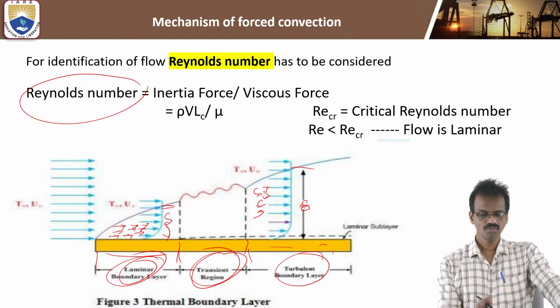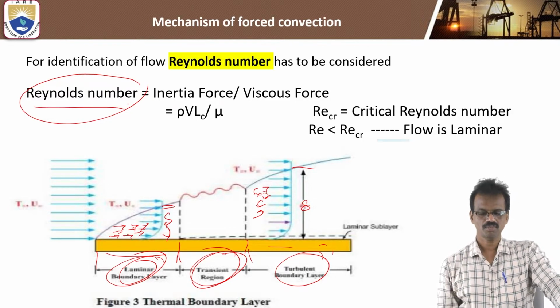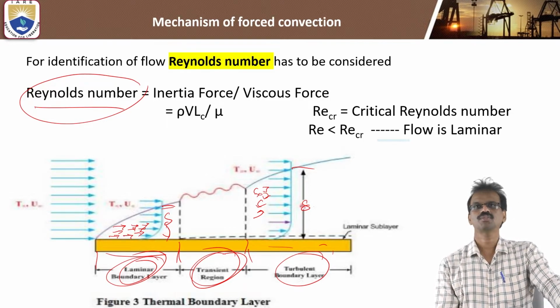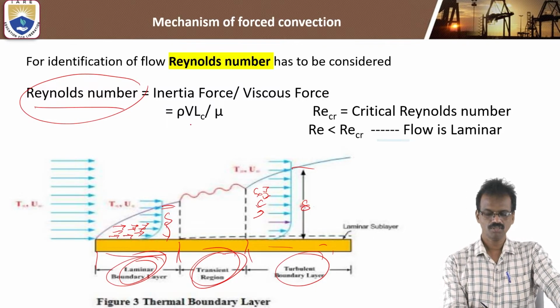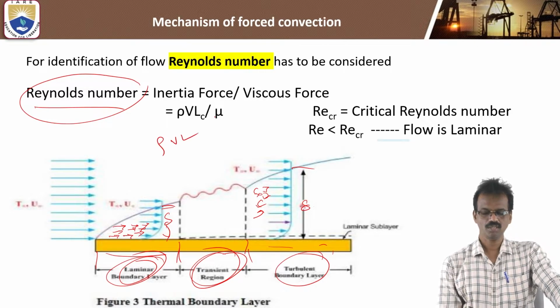The formula for the Reynolds number is the inertia force by viscous force, which is rho velocity L, where L is the length of the solid surface, by mu. You can rewrite it as velocity into length by mu by rho.